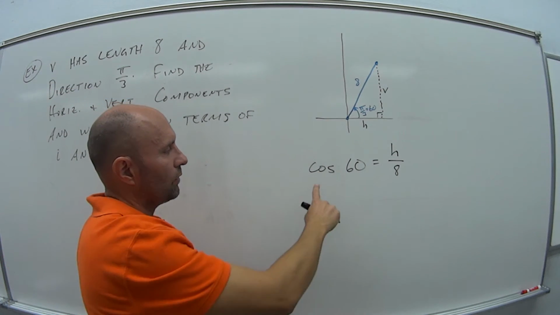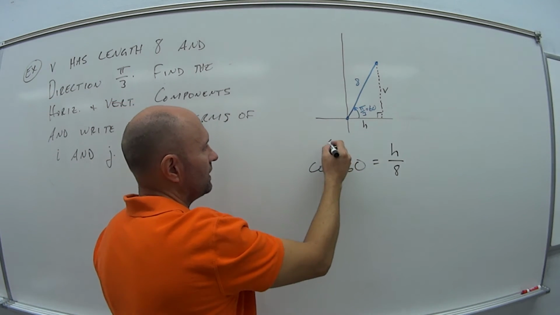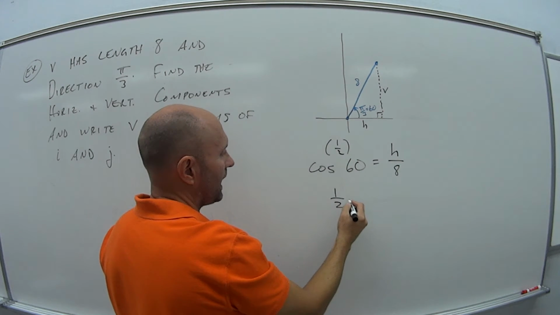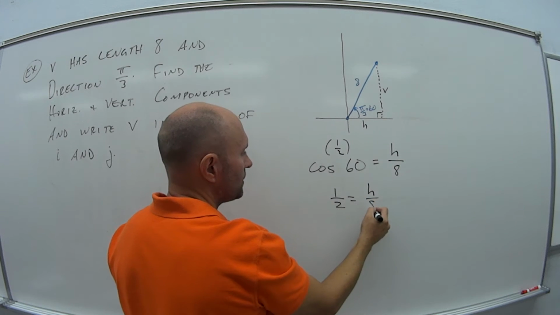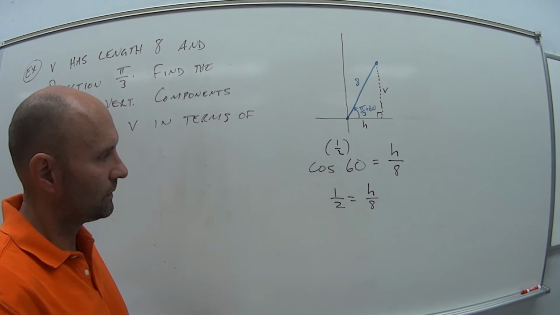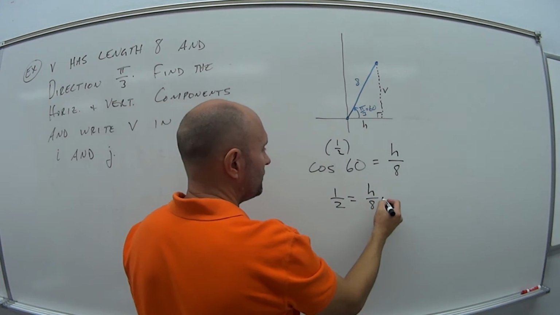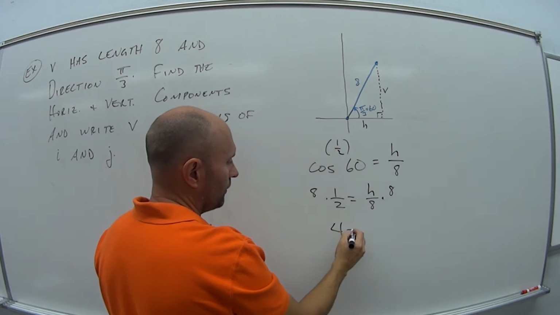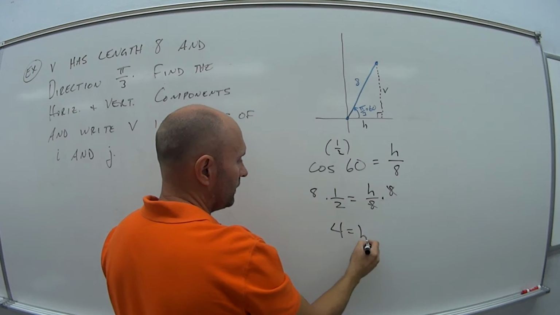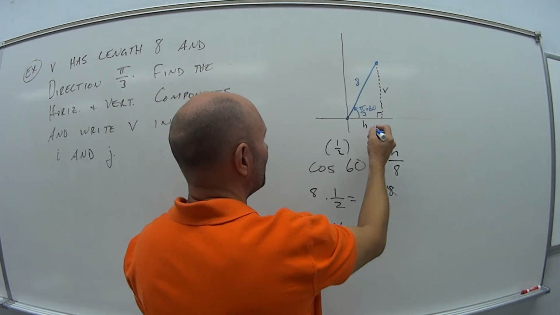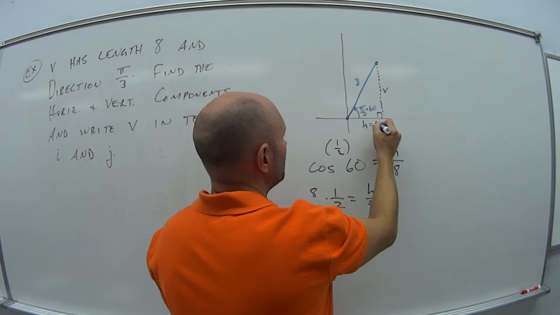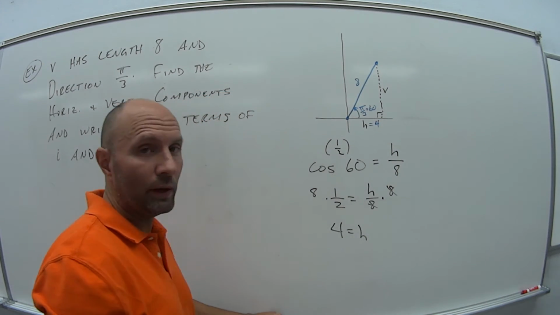Cosine of 60 is equal to a half. So this equation says 1/2 is equal to h over 8. To solve for h, we multiply both sides by 8. 8 times a half is 4, and the 8's cancel on the other side. So our value for h, how many units left or right we're moving, is equal to 4 units.